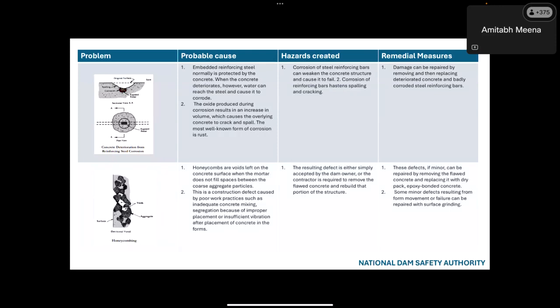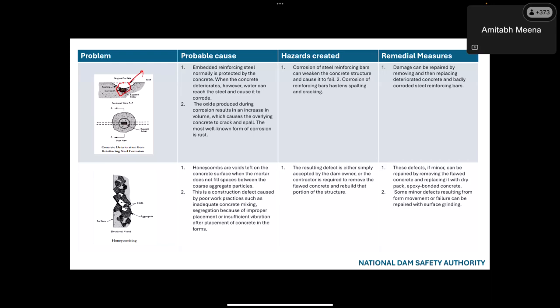So these are also similar quality issues. Honeycombing. In some cases, the reinforcement bar is also exposed to the open, which may cause corrosion, and so immediate measures should be taken to repair such things.